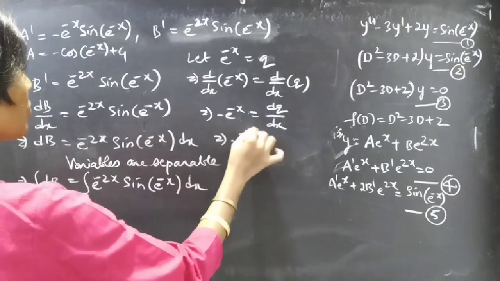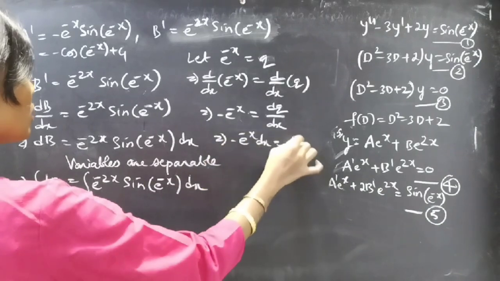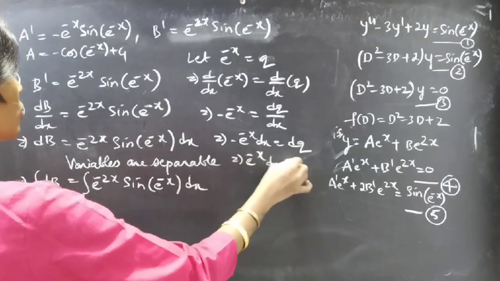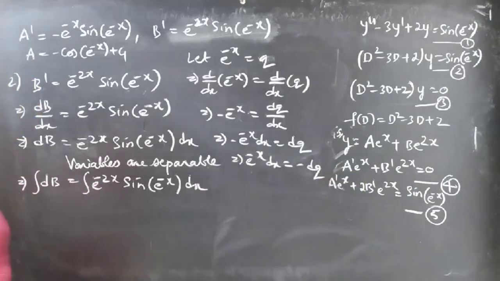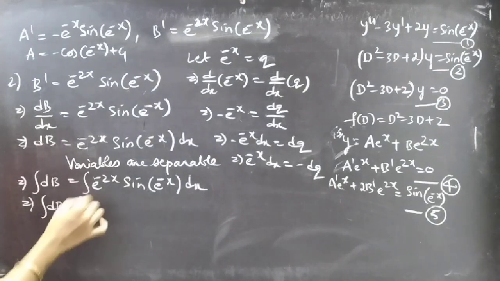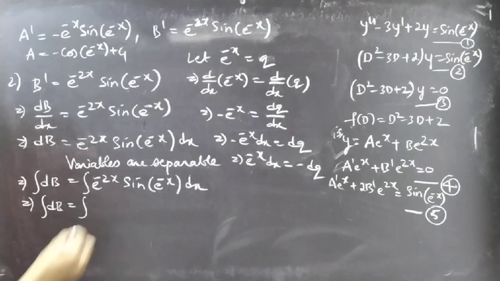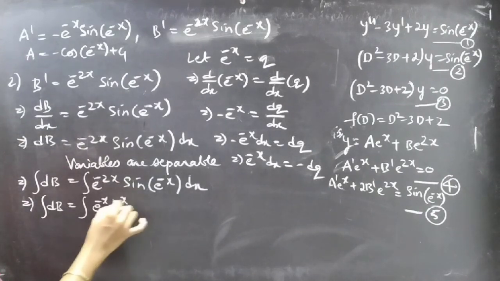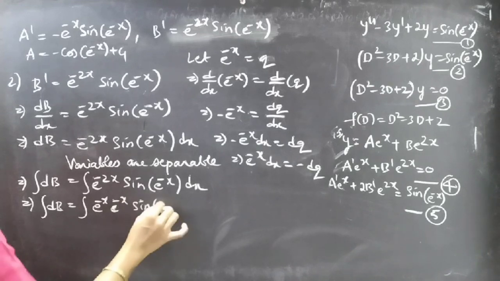From this we'll get minus e power minus x into dx equal to dq, or e power minus x dx equal to minus dq, right? In order to replace e power minus x by q, we'll just split e power minus 2x as e power minus x into e power minus x for our convenience.